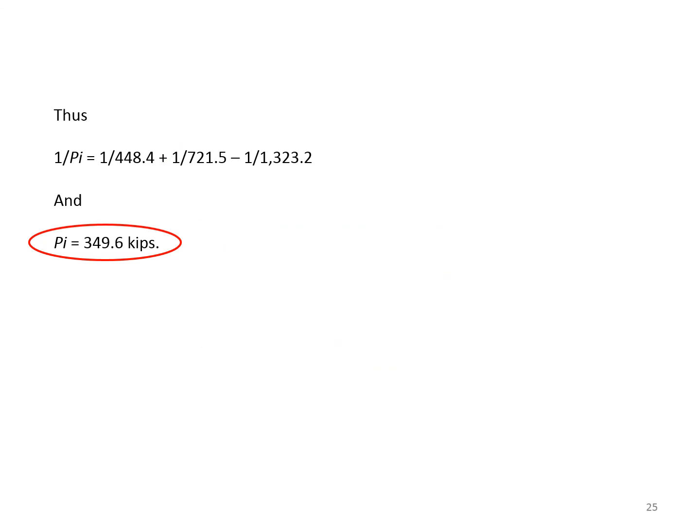Therefore, 1 over Pi is 1 over 448.4 plus 1 over 721.5 minus 1 over 1323.2. Solving this equation would give us Pi equal to 349.6 kips. The required Pn is equal to Pu divided by 0.65, which is 180 divided by 0.65, which is 276.9. And since this is smaller than Pi, therefore our design is okay.